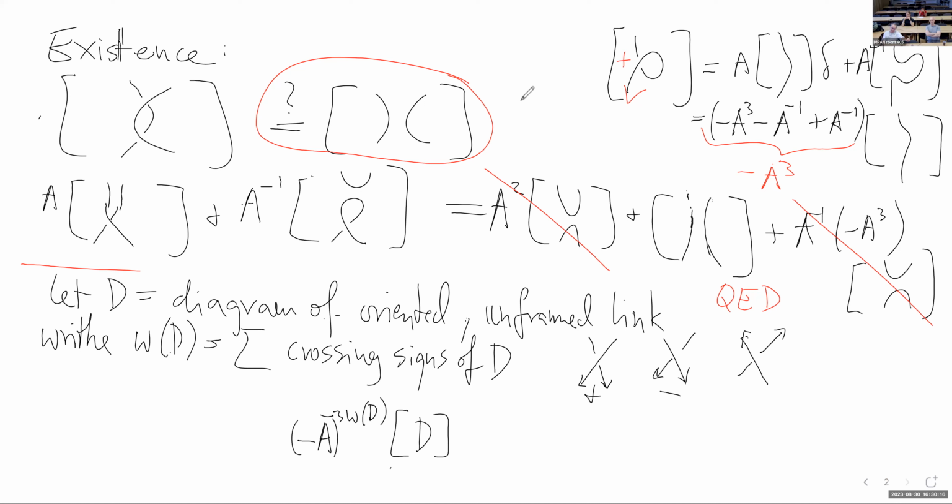So this will stay invariant under the first Reidemeister move. So this is an invariant of an oriented, unframed link. There's a theorem, which is not difficult to prove, part of what Kauffman did, that this is really the Jones polynomial of D, or of the link represented by D.